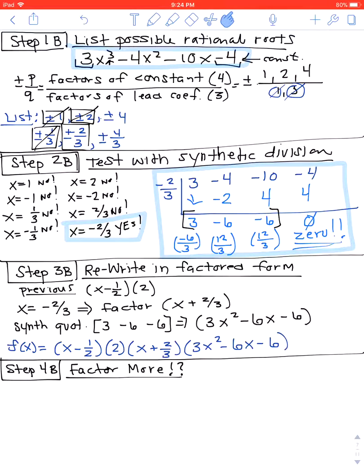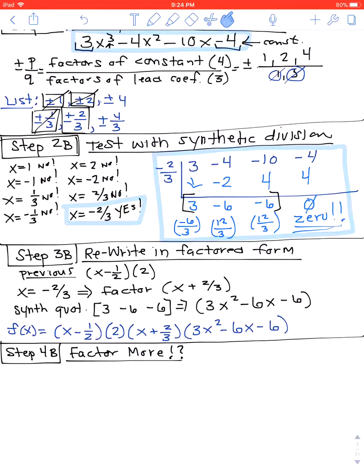Okay, so before we go straight to the quadratic formula, though, do you see a greatest common factor that you can remove out? You should. You should see a 3 that you can reduce or factor out of all those.